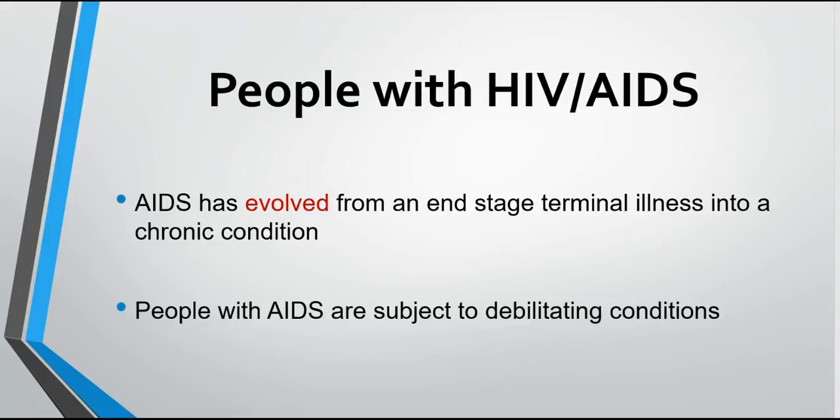With reduced mortality, the prevalence of HIV in the population has actually increased, including among the elderly. As HIV/AIDS patients age, they become susceptible to multiple comorbidities and cognitive impairment. They are at a high risk of developing various types of cancers, depression, dementia, and Alzheimer's disease.